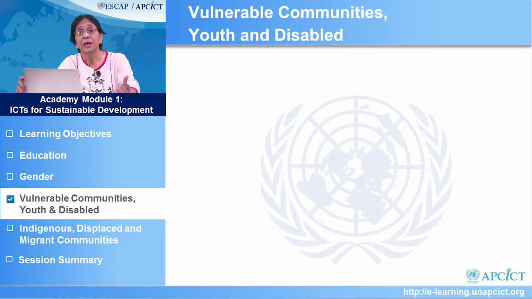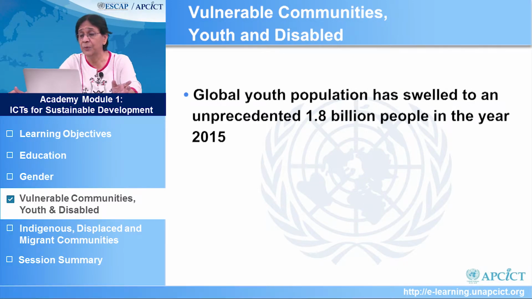Also within this broad area of livelihoods, education, and gender are issues relating to vulnerable communities, the youth, and the disabled. Today, the youth population has swelled to an unprecedented 1.8 billion people. In many countries, 50% of the population are the young below the ages of 30.